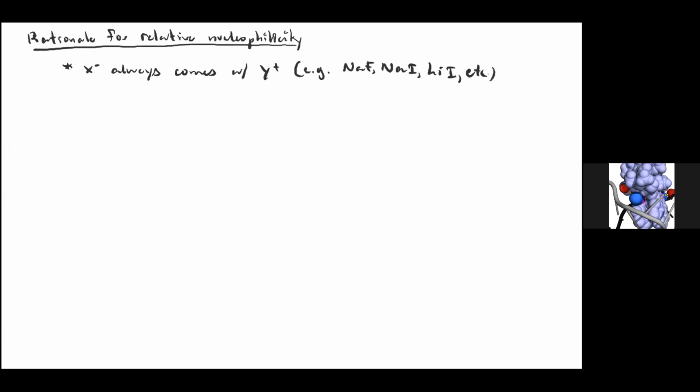And so if we hold the counter ion Y plus constant, because we only want to change one variable at a time, we can ask the question, what is the effect of the solvent on the X minus?